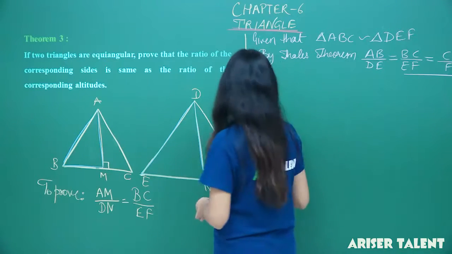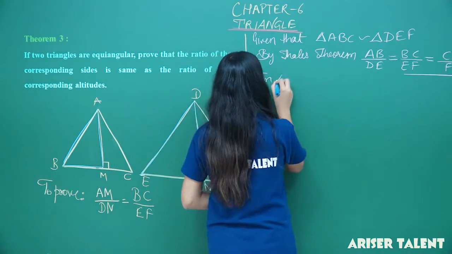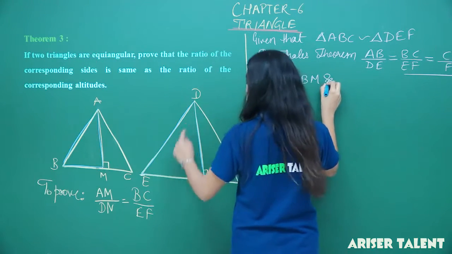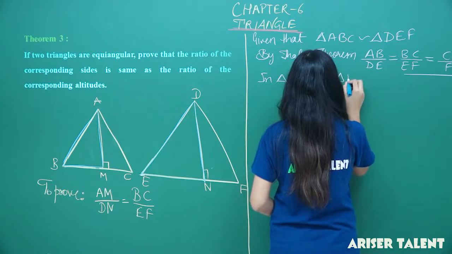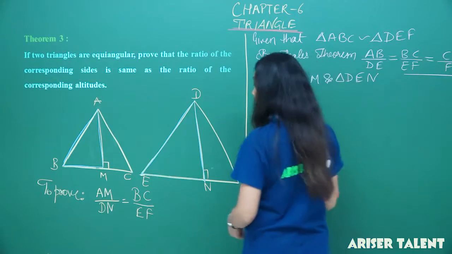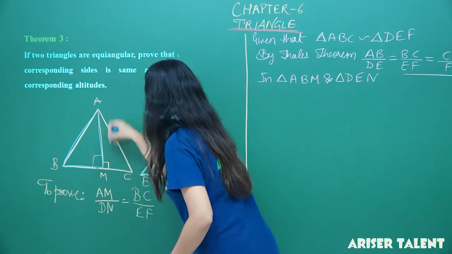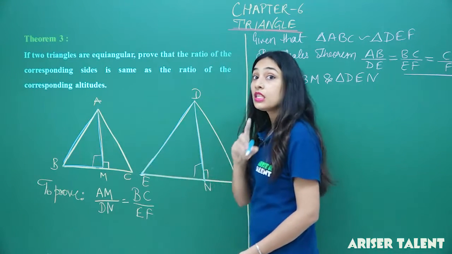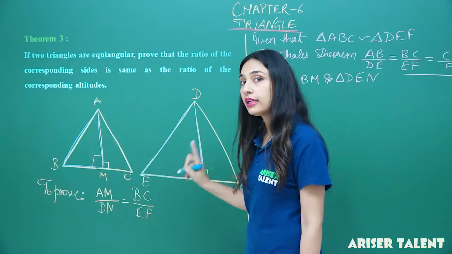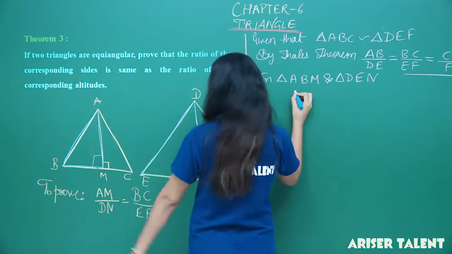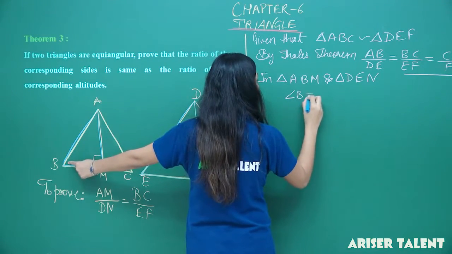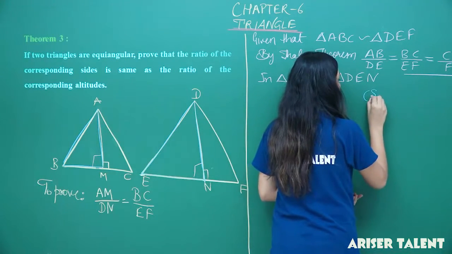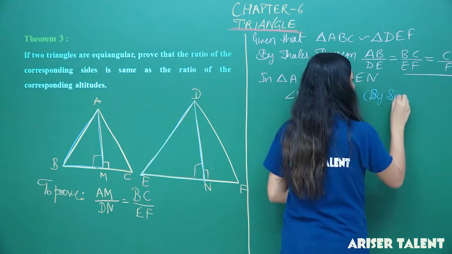So we are taking triangle ABM and triangle DEN. You will see that angle AMB and angle DNE are equal to 90 degrees. So both are 90 degrees, so both are equal. So we can say that angle B is equal to angle E, which is by similarity.